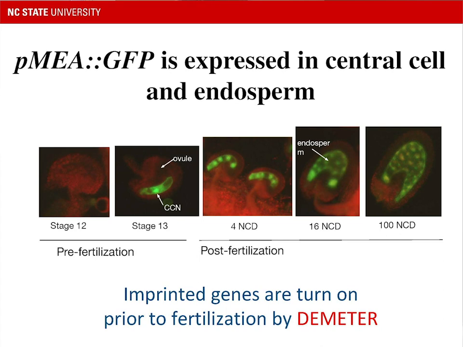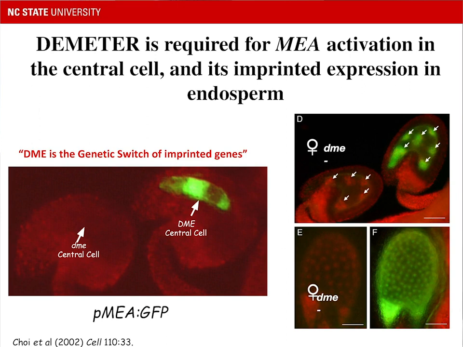So DEMETER is like the switch that we talked about earlier. Its main function is, in the central cell, to switch on the expression of the Medea gene, and once it's on, it continues to be on. But if you don't switch it on, then it's not expressed after fertilization. So DEMETER regulates Medea gene expression by epigenetic means.